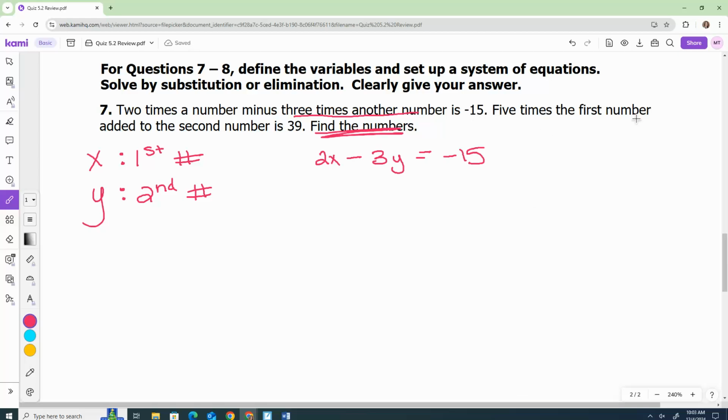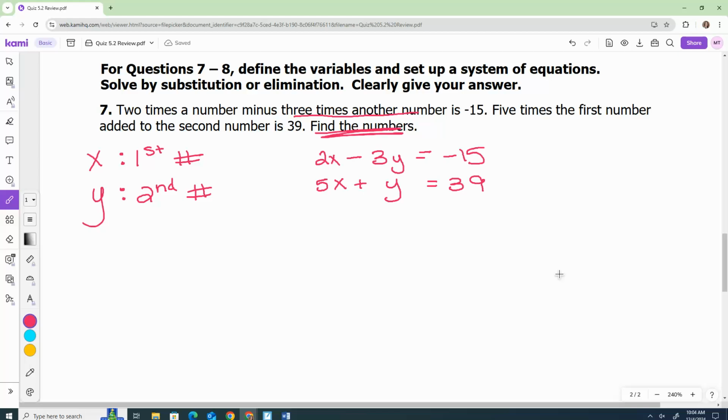Second equation, 5 times the first number, so that would be a 5x, added to the second number, so just y, is 39. All right, now we can solve this. I didn't tell you how, so that means any strategy you want. So substitution or elimination. Seemed like we preferred elimination, so we're probably going to go with that.